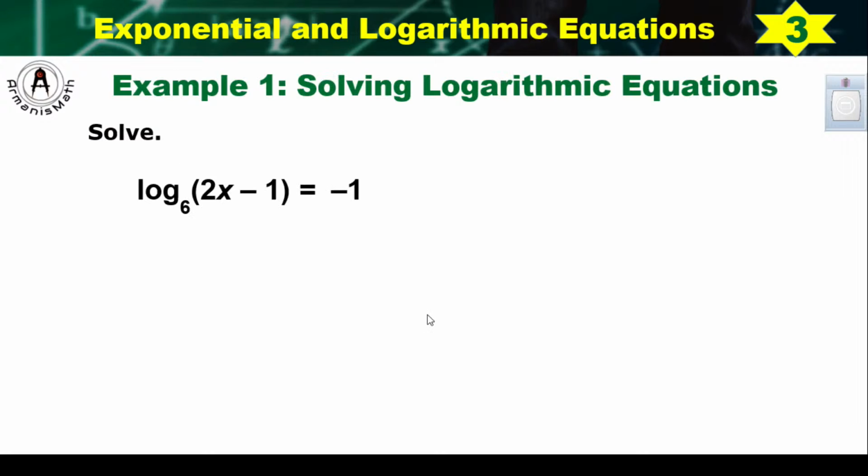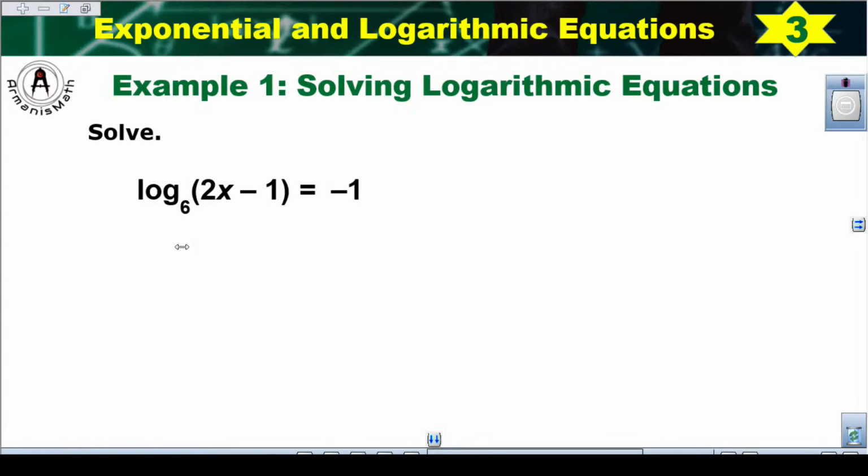Here's the first one. We are solving a logarithmic equation. It says solve log base 6 of 2x minus 1 equals -1. I want to get rid of this log, so I could introduce a base to both sides.